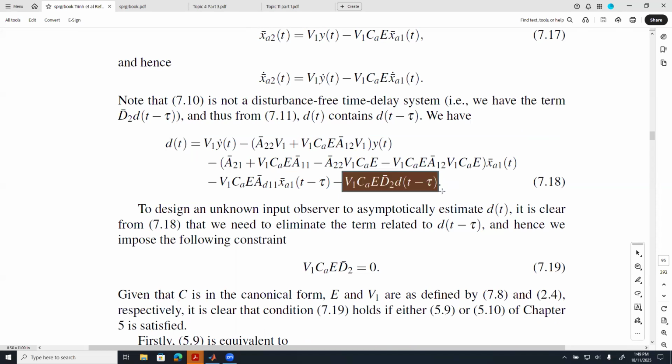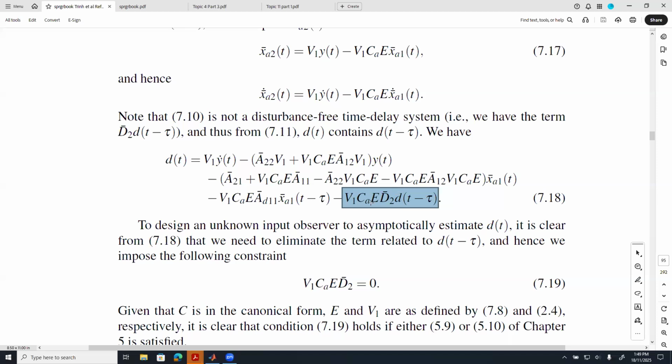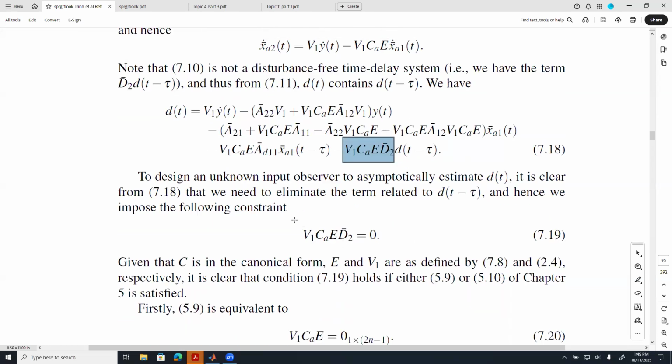So we then have to say, look, we have to impose a condition on this matrix here. And that means that it boils down to this requirement.